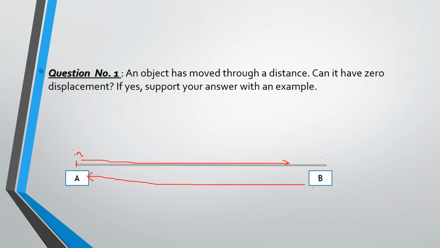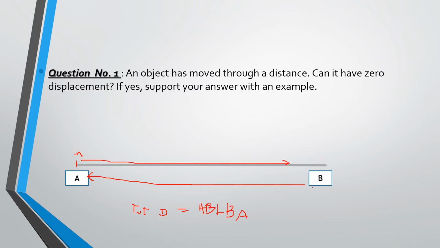My question is, what is the total distance you have covered? From A to B, that is AB plus BA. So the total distance covered, if I am asking, starts from the initial position and you end again at the final position, point A. That means AB plus BA.